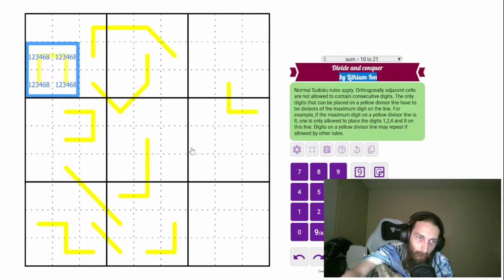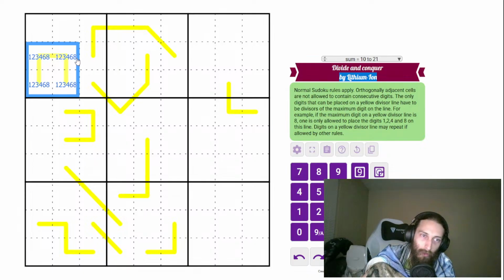You can't do 7, 5, or 3. Well, no, 3 couldn't be the maximum. Well, 6 would have 1, 2, and 3. Now, 4 can't be the maximum, but it could be, so it's either 6 or 8.